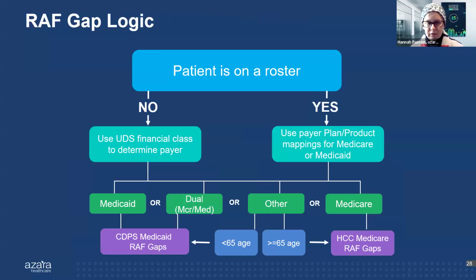This green line here where you see Medicaid, dual, other, etc. So anyone who's Medicaid, dual, or they have other and they're under the age of 65, we're going to be using the Chronic Disability Payment System to determine their RAF gaps, while anyone who is on Medicare or has other and is 65 or older, we're going to use the Medicare RAF gaps.